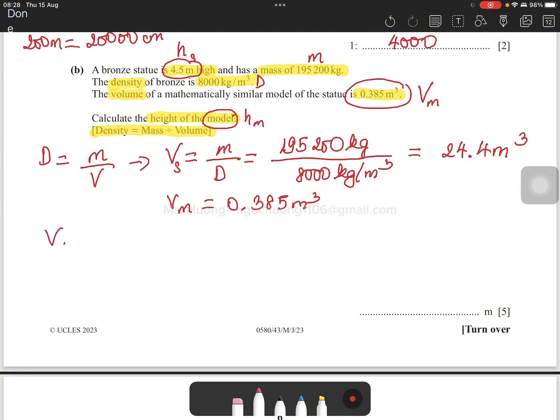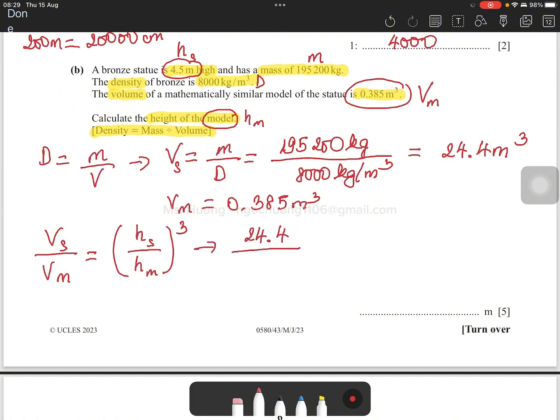between the ratio of the volumes is equal to the cube of the ratio of the height of the statue and the height of the model. So the volume of the statue is 24.4 cubic meters.